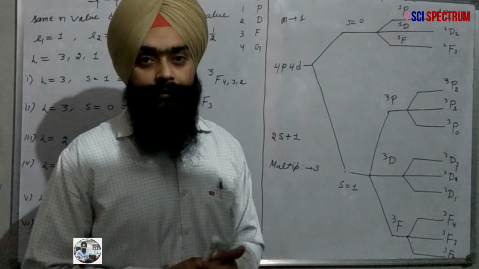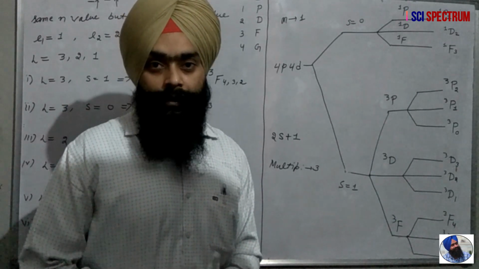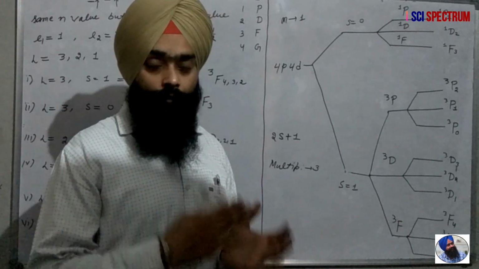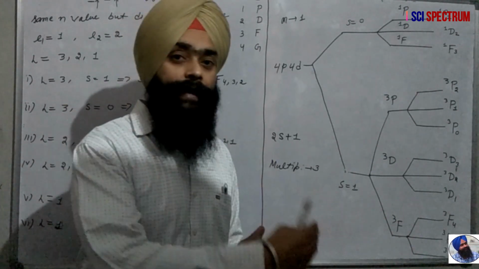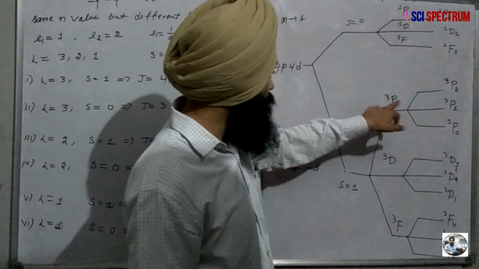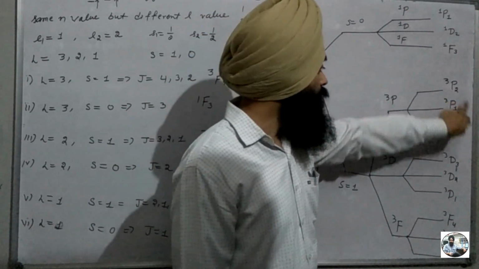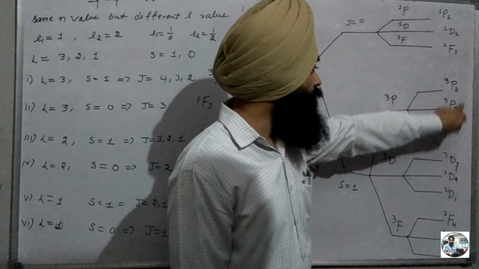The third rule says that the higher J values will be higher in energies for electrons in less than half-filled states. In this case, we can take the example of the 3P state. Here the J value is 2, higher energy, 1 lower than this value.